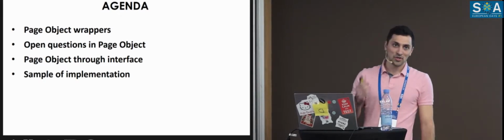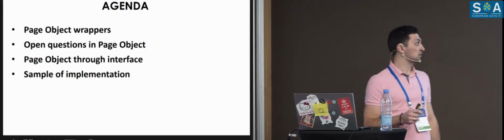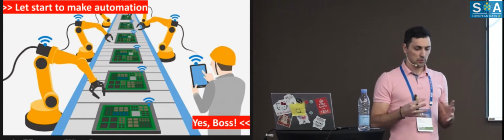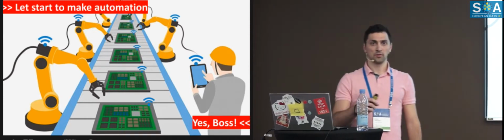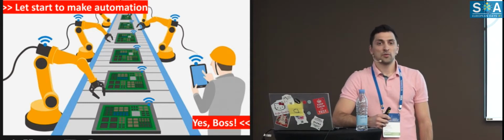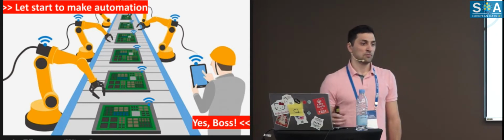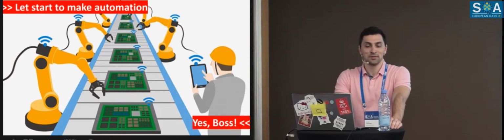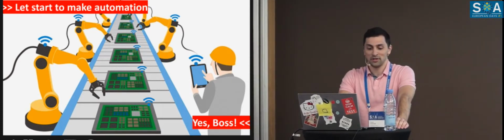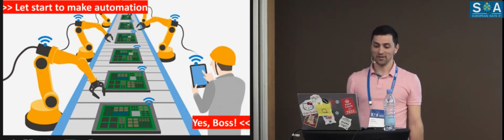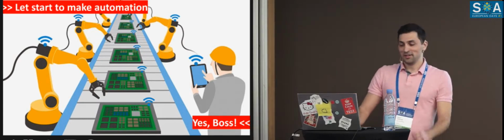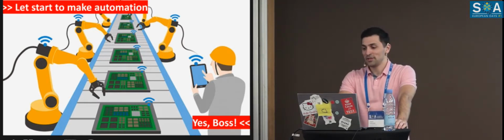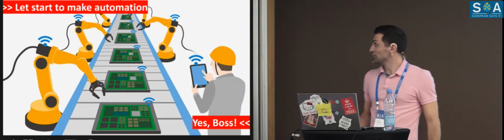Imagine that you are a test engineer and you have never automated before, and you work on a web application project. Someday your boss comes to you and asks, we must make test automation in our project, and you say, okay, boss. You don't have another way, or you can try to find a new job.